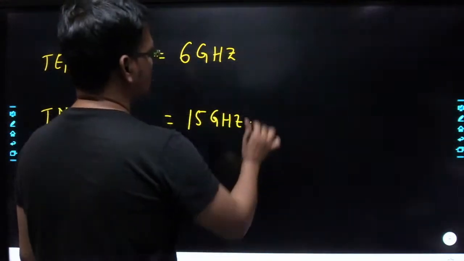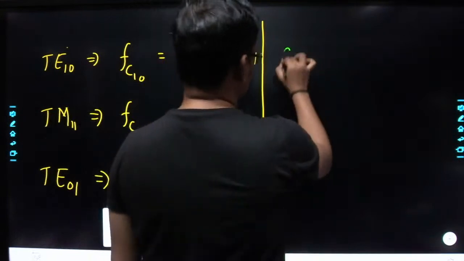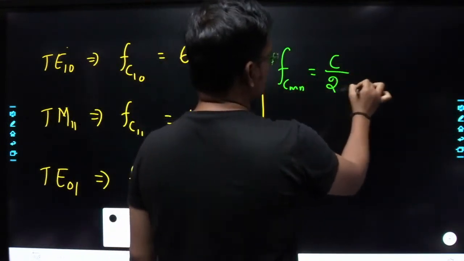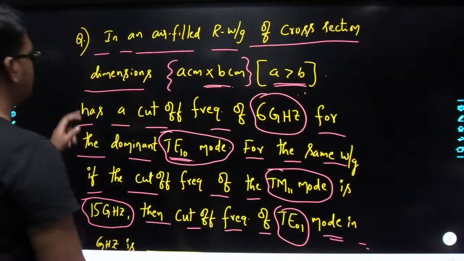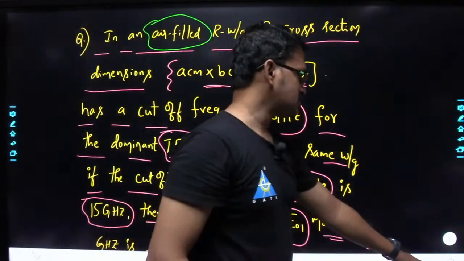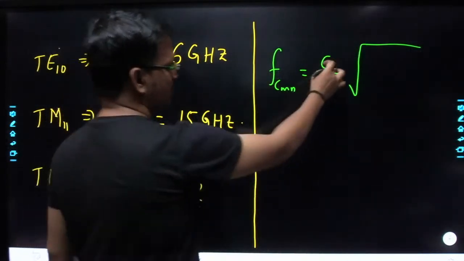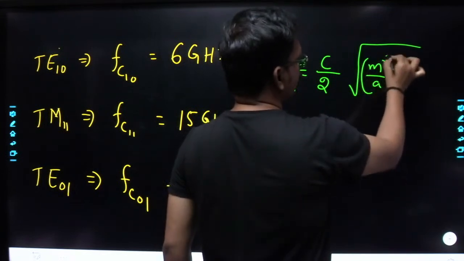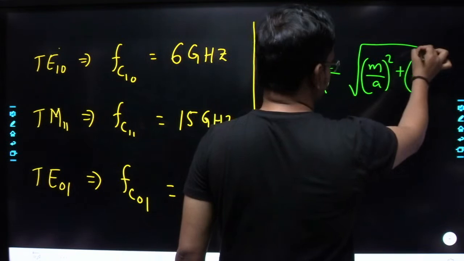Now see here. So we know the formula for cutoff frequency here. So that is FCMN is equivalent to what? Is equivalent to C by 2 into, since they have given here air-filled rectangular waveguide, the velocity here I can represent, instead of V0, simply as C. C by 2 into square root of (M by A) whole square plus (N by B) whole square, right?